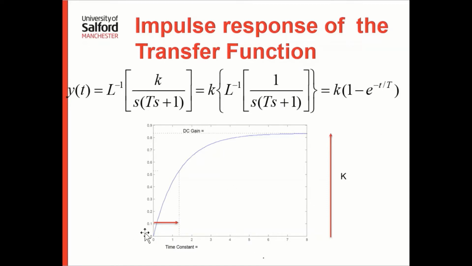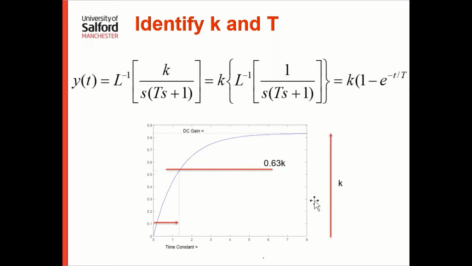And by putting in an impulse, we can measure this distance as k. And if we take 63% of the total output and measure from here to here, we can get the T. So this gives us a trick now for identifying k and T in the DC servo transfer function, in the sense that we can measure that distance as k, draw a line along here at 63% of k, see where it cuts here, and measure from the start to this point here.